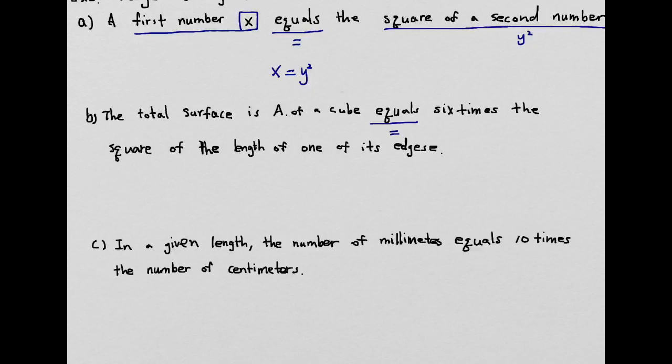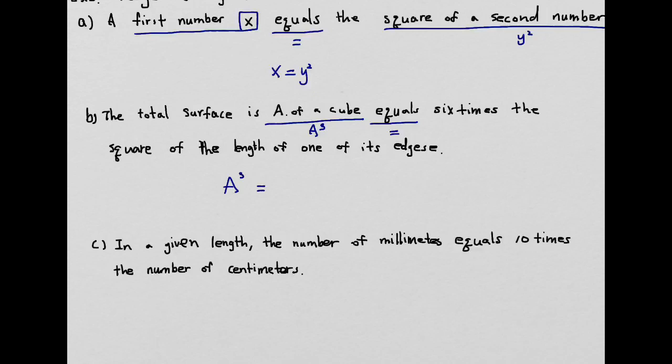On the left side of the equal, you're going to say the total surface area of a cube. The area of a cube, you can write as A cube. So on the left side, you're going to have A cube equals.